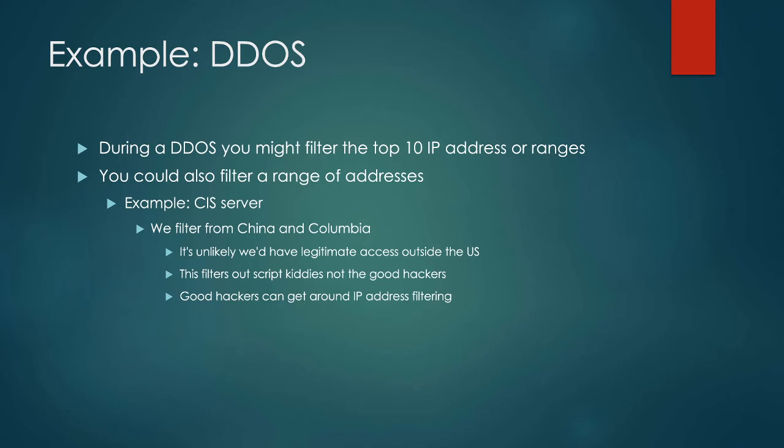Because this server is based in the United States and it is for a community college for in-person, outside of pandemic, classes, we know that we're not going to have people from outside of the US legitimately trying to access the server because they aren't students. If they are a student, they are going to be taking classes on campus. So we can filter packets that are coming from outside of that if we want to.